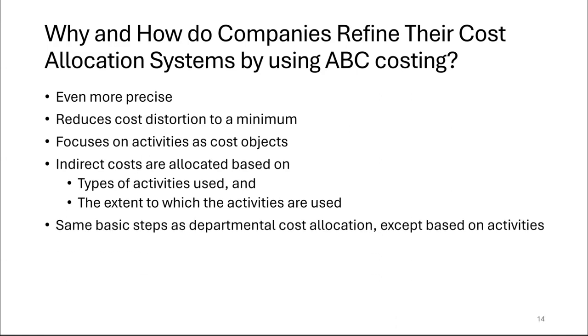Same basic steps as departmental cost allocation, except based on activity. And the truth is, it's a lot more work to do it. You probably do it if you were a large manufacturer and you produce various products that use various amounts of overhead, or processes, because that's what it focuses on, processes. So that ends part 1.